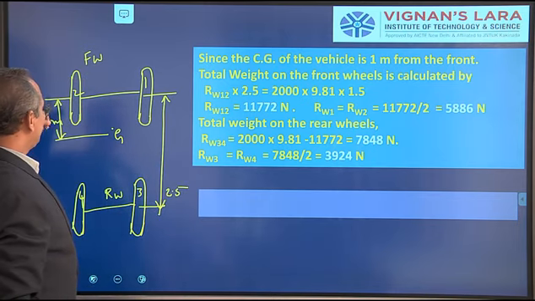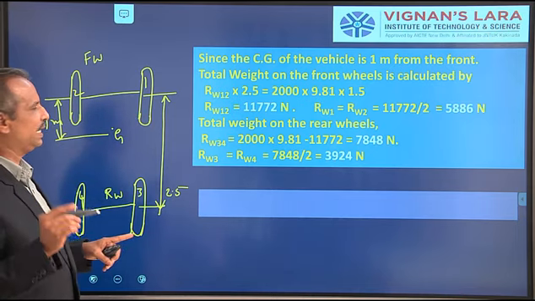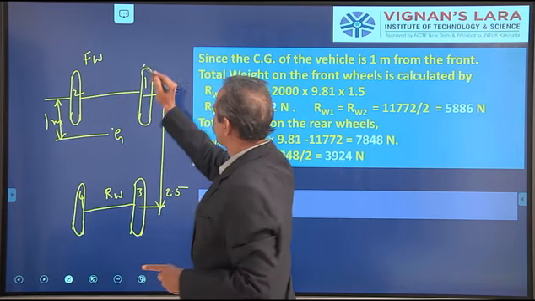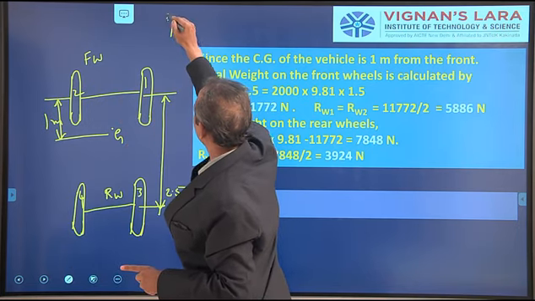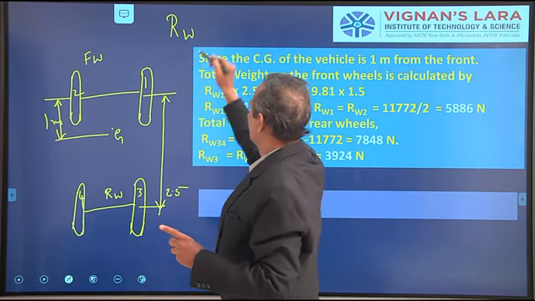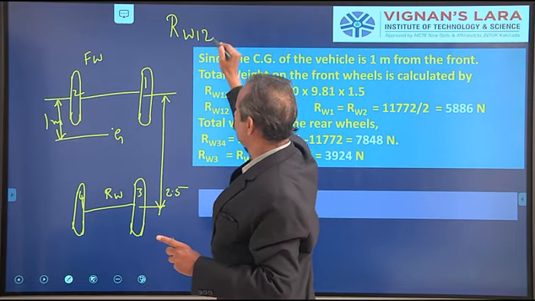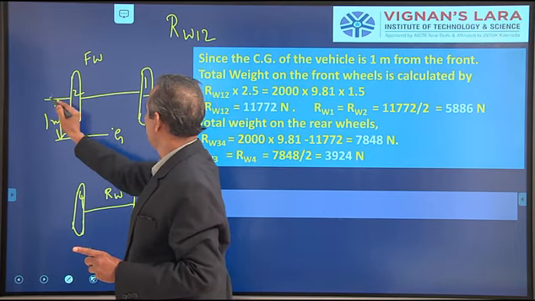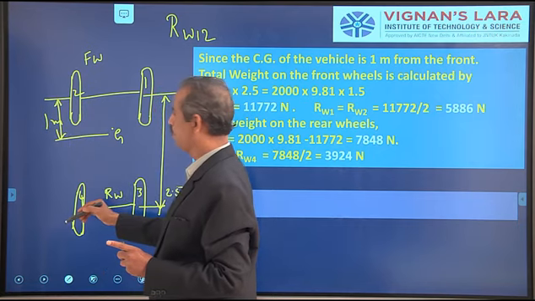Then if I take 1 and 2 as a single set, I can write the reaction like this: RW 1 and 2 combined. Here I will take this wheel and this wheel as a single plane.